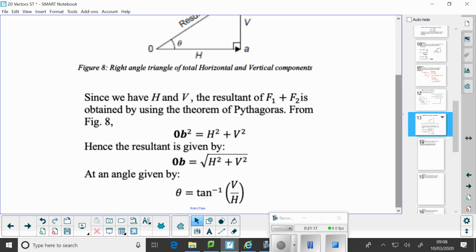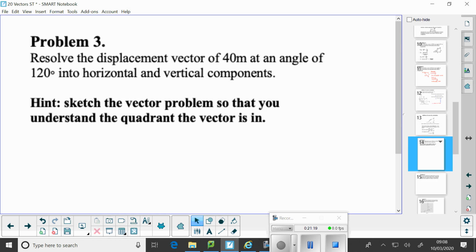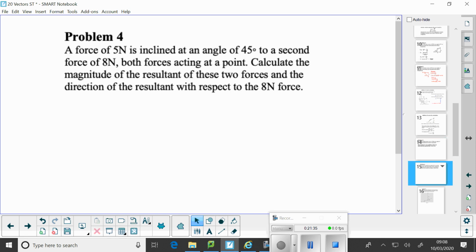Alright. On the next page, there's a result of the displacement vector of 40 meters at an angle of 120 degrees in horizontal. A force of 5 newtons at an angle of 45 degrees. The second force of 8 newtons.